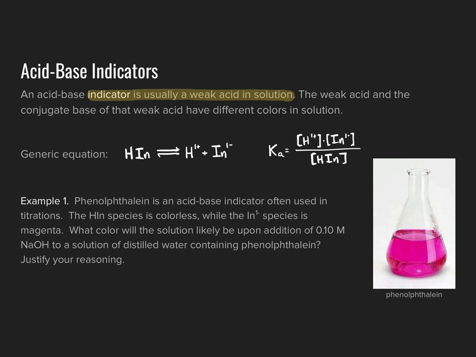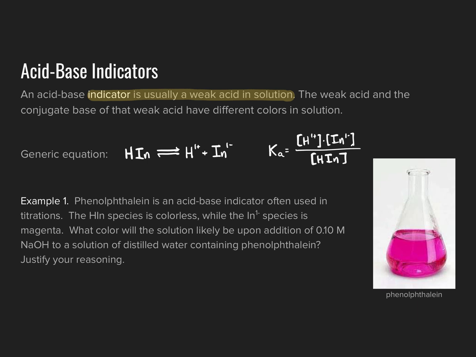Now, to understand how this is going to work within a solution, let's consider the example problem here on our first slide. We're going to assume here that, again, phenolphthalein is an acid-base indicator which is used in those titrations. We're going to call the species HIN, the molecular species of this particular indicator. And the species IN- is going to be the anion, the conjugate base.